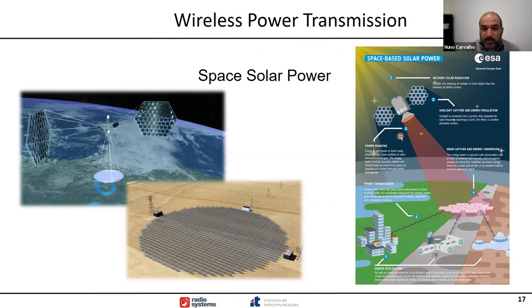What is it? Well, it's mainly to collect energy out of space and bring that energy to the ground. So create a beam of energy that can increase the efficiency of our solar panels, since they will be outside of the atmosphere, and then create a beam that can power these large arrays on the ground.